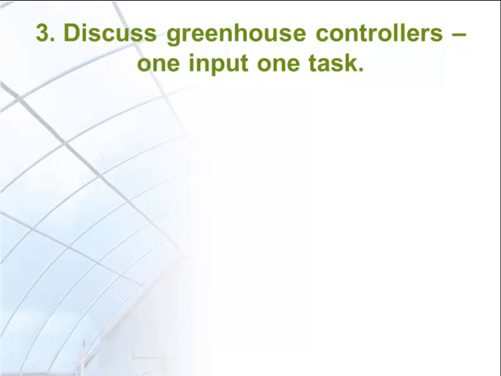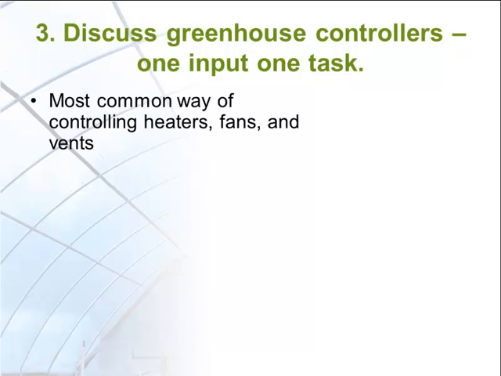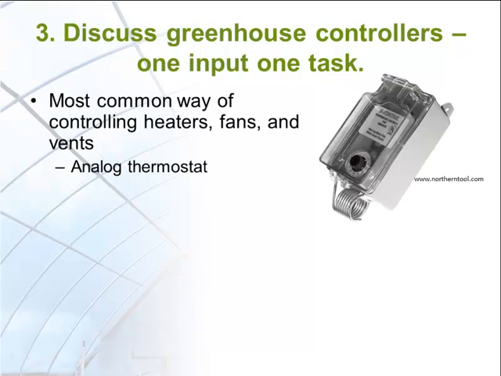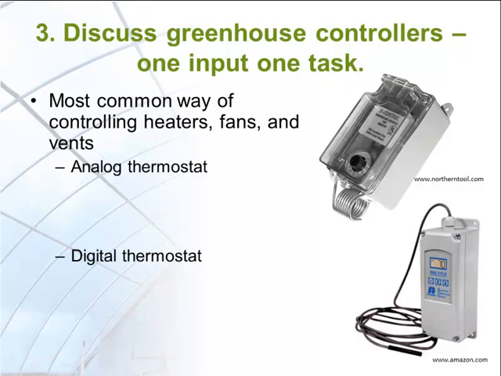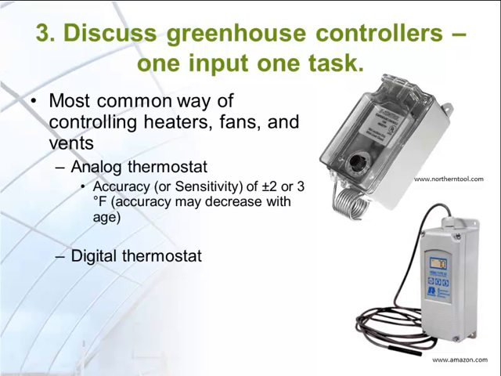Here are examples of simple controllers: an analog thermostat and a digital thermostat. An analog thermostat has an accuracy of plus minus 2 or 3 degrees Fahrenheit. Its accuracy may decrease with age.